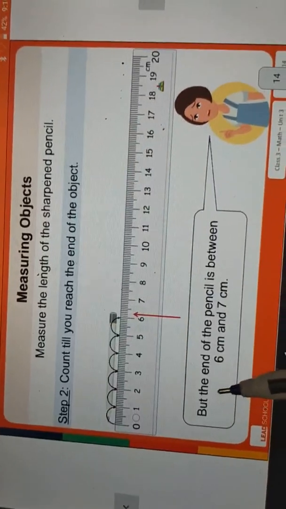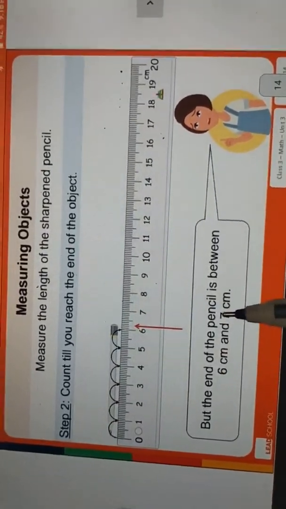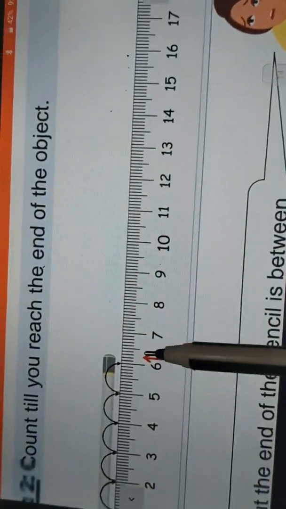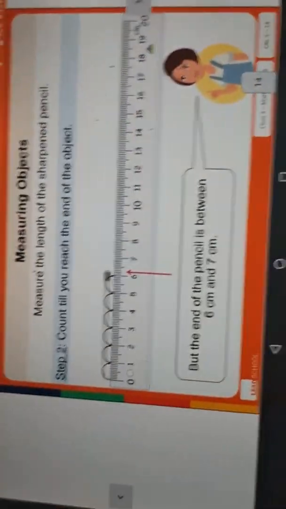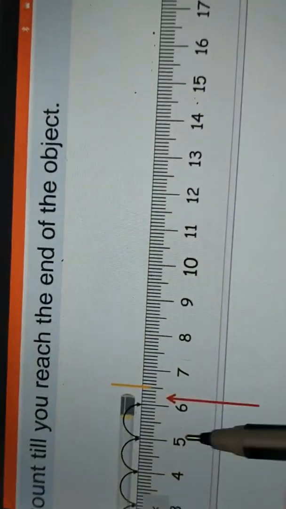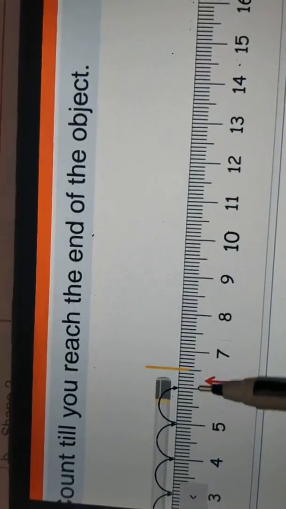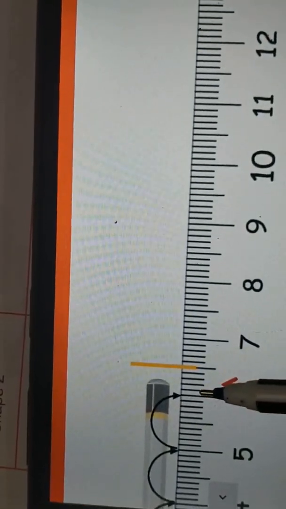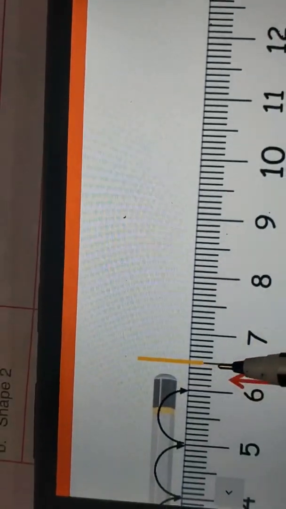But the end of the pencil is between 6 and 7. Now look at this, between 6 and 7. So students, it is in the middle, so let's count the number. See, this one is that dot, that's called 1, 2, 3, 4 and 5.